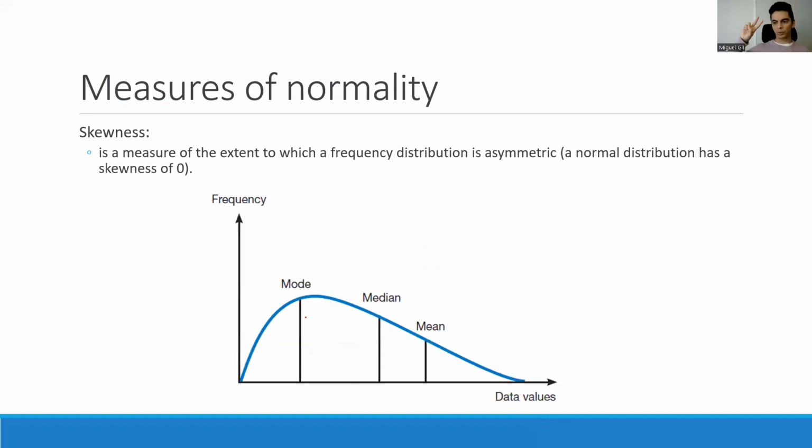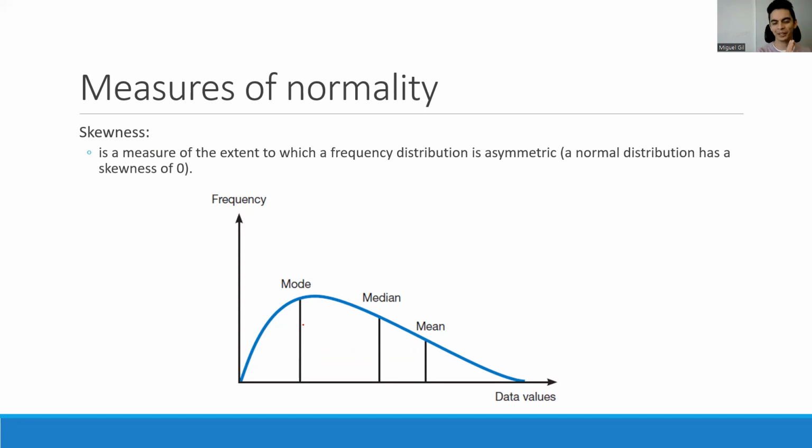We have 2 measures when we want to talk about normality. The first one is skewness. Skewness refers to how far it is to the left or to the right. In our case, our histogram moved to the left, right?